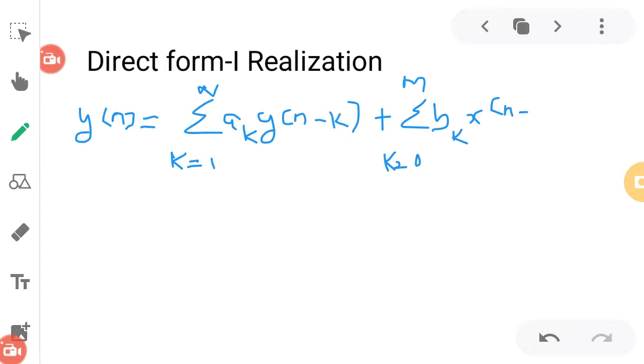Okay, we can write like this, and when we expand this function, we can write it as follows.